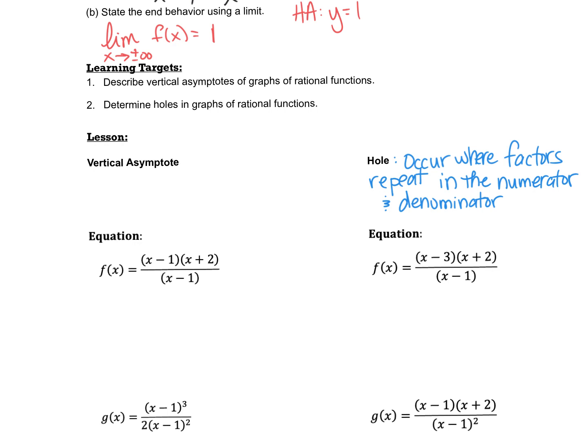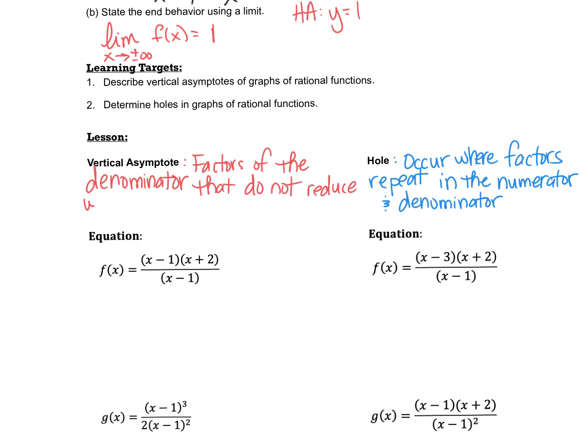When we talk about a vertical asymptote, again, it's a vertical line. It's places where the function's undefined, so to speak. But basically, the easiest way to find it is factors of the denominator that do not reduce with factors of the numerator.